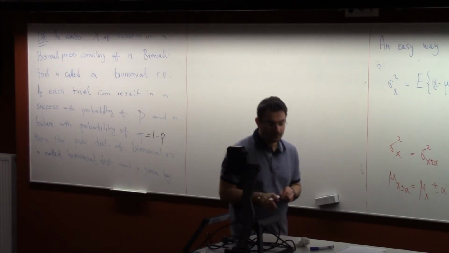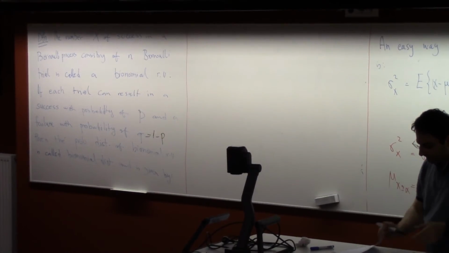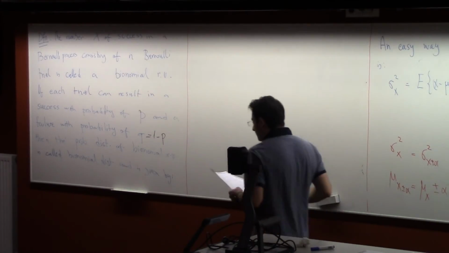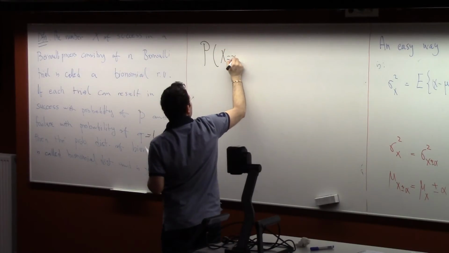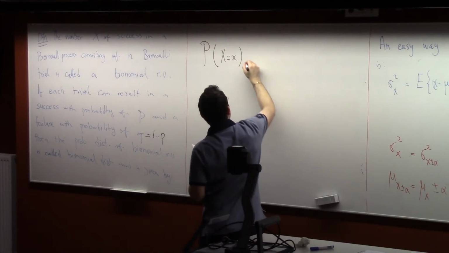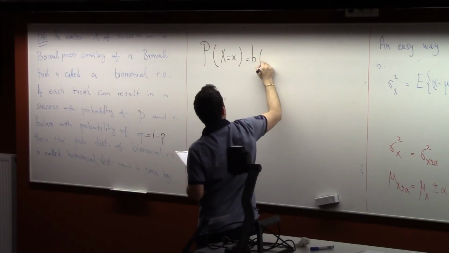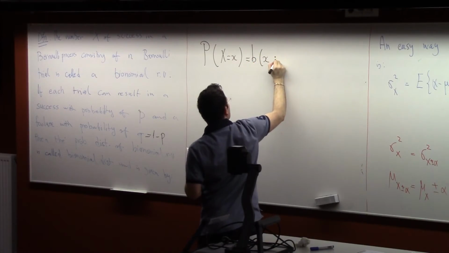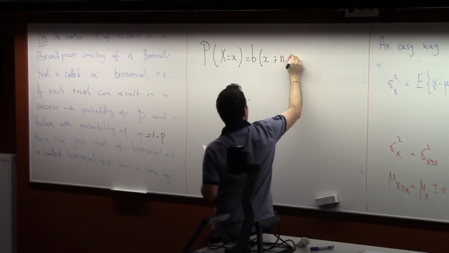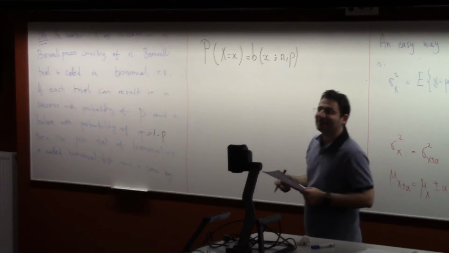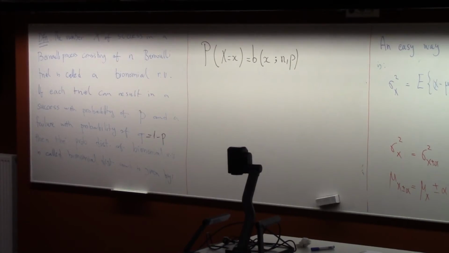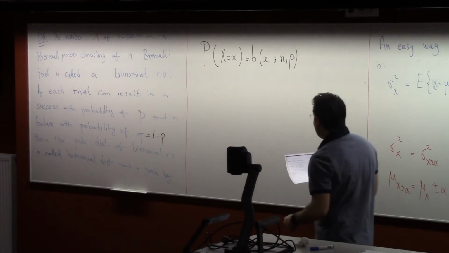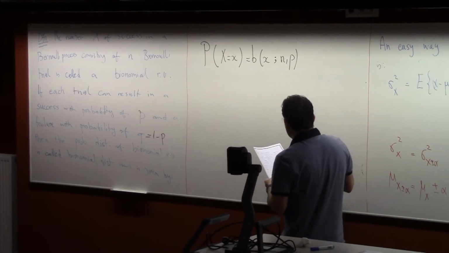So then, P of x, for the binomial distribution, is shown as B of x; n, P. N tells us how many Bernoulli trials we have, and P is the probability of success.